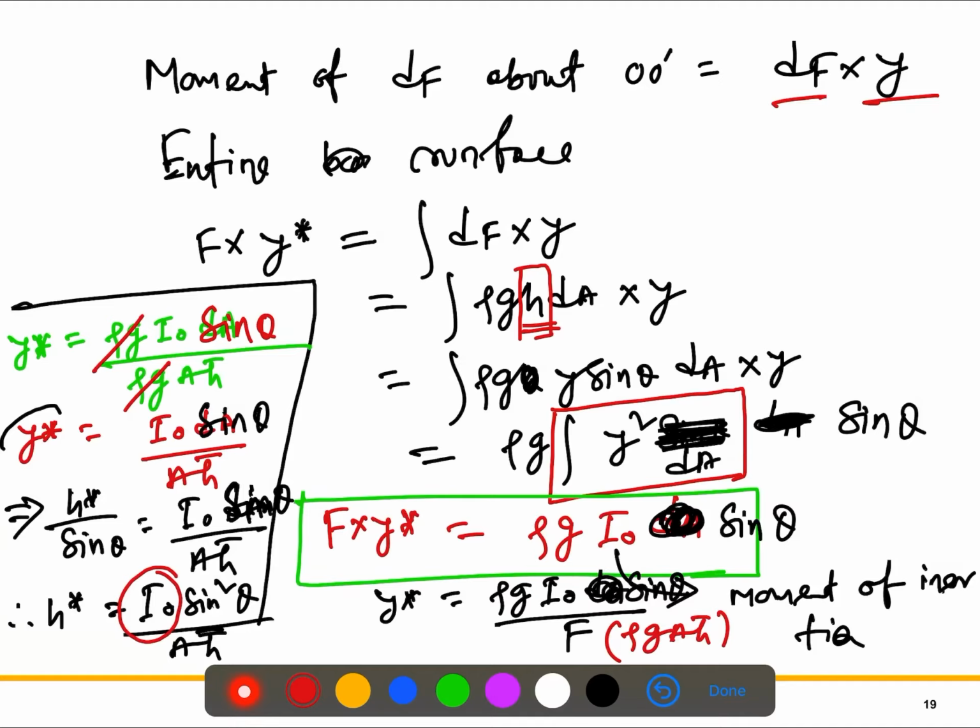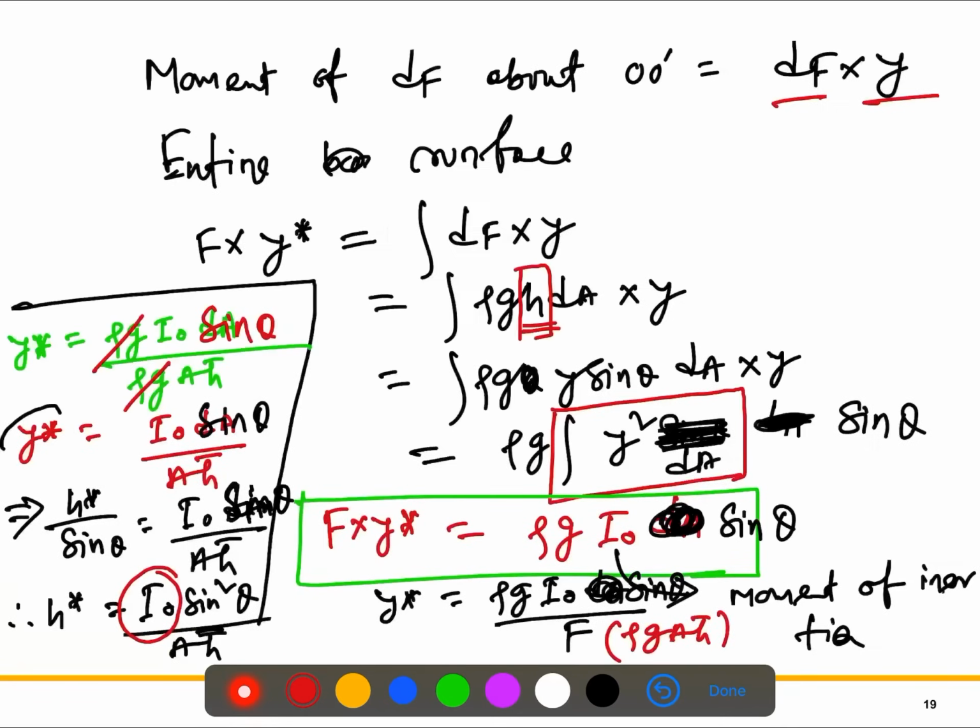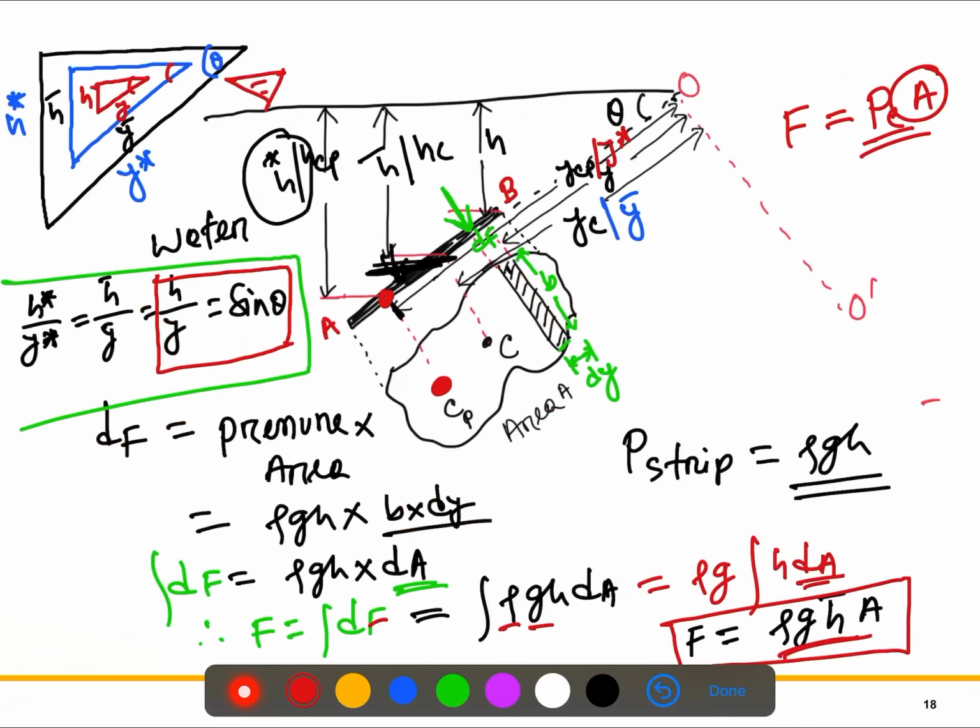If we go to the first slide, we can calculate the I naught for the entire domain. It will be the I C plus the area A into the y bar square, where this is the centroid.